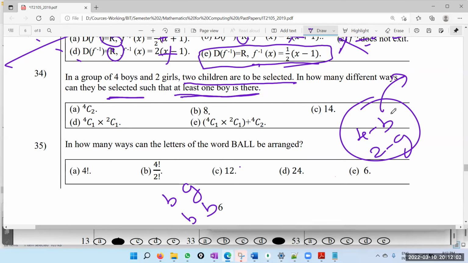Out of 4, you pick 2. 4C2. Plus, there's another possibility, boy and girl. So if it is boy, you have 4C1 into girl out of 2, 2C1.